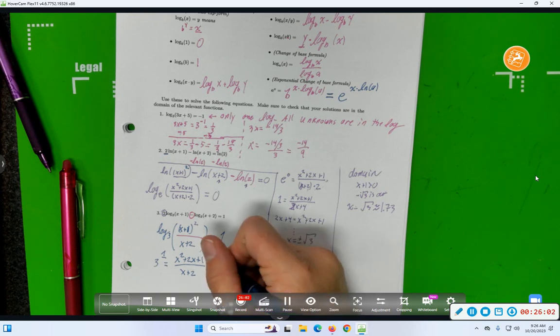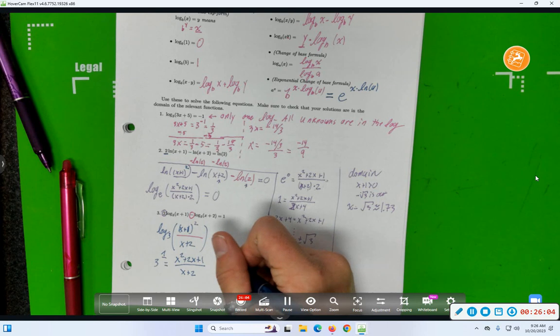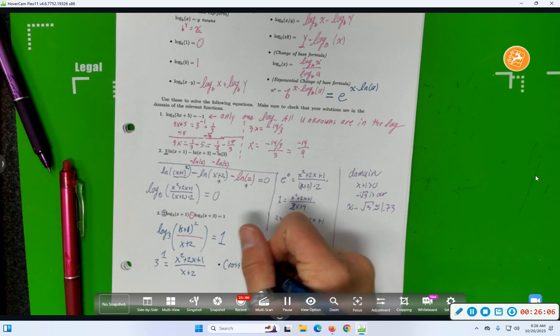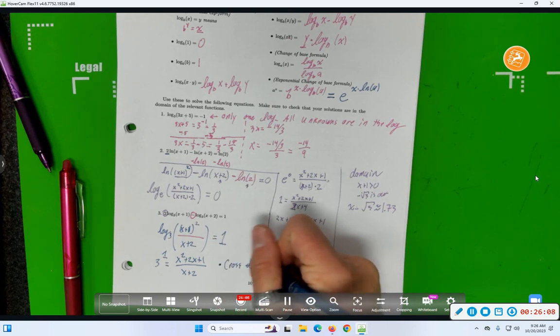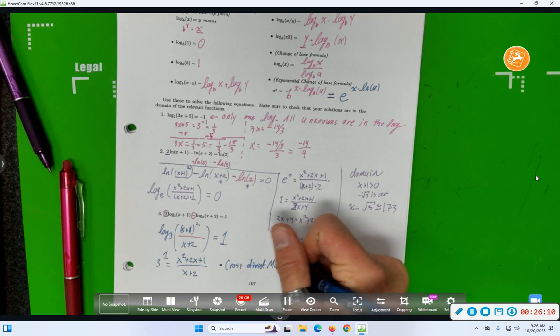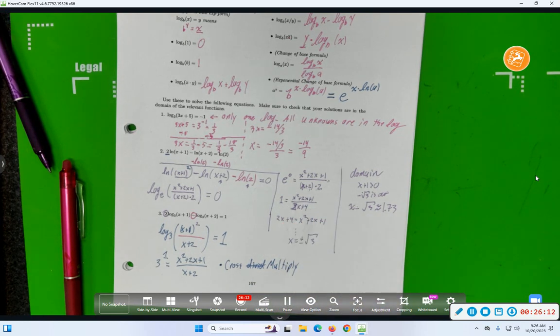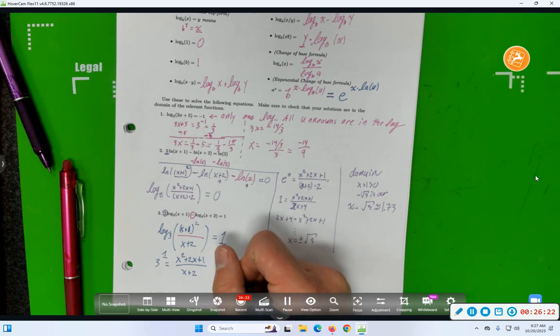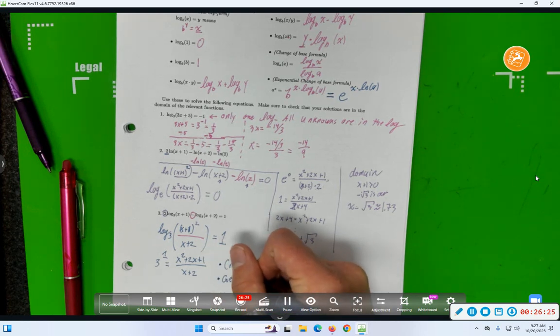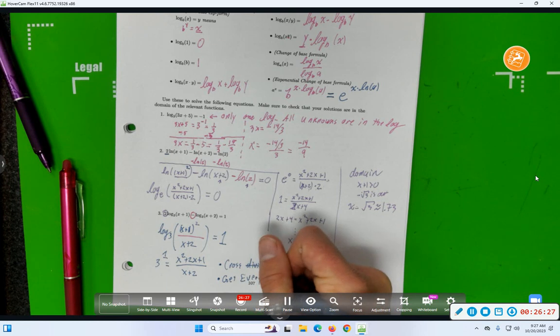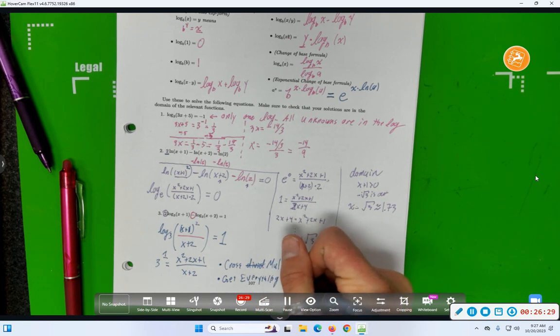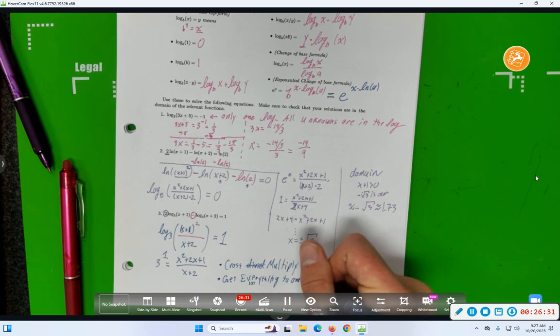Maybe I'll write down the steps. Step 1, cross multiply. Whenever you see an equation involving a fraction, multiply both sides by the denominator in order to clear that denominator. Next, get everything to one side.